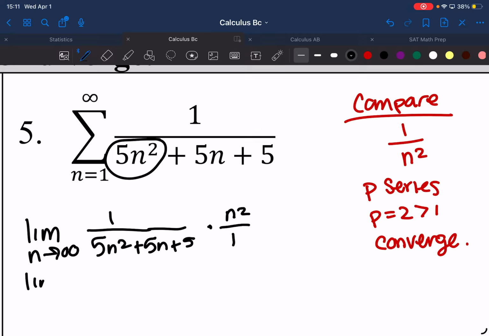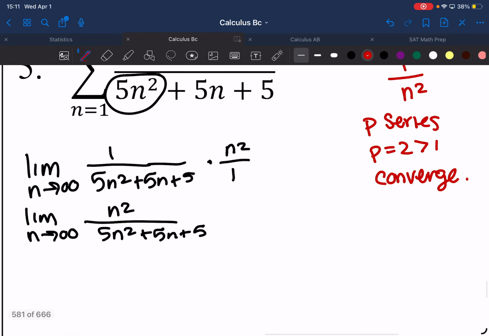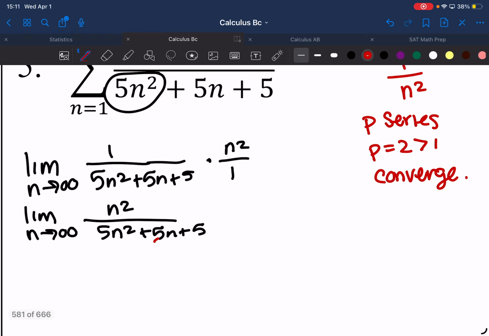So I have the limit as n approaches infinity of n squared over 5n squared plus 5n plus 5. Again, as n is approaching infinity, the 5n and the 5 on the bottom are insignificant because n squared is already going to be increasing towards infinity faster. And so we're left with n squared over 5n squared.